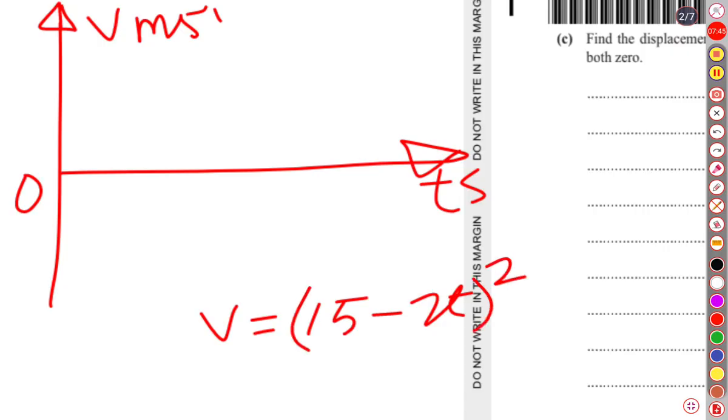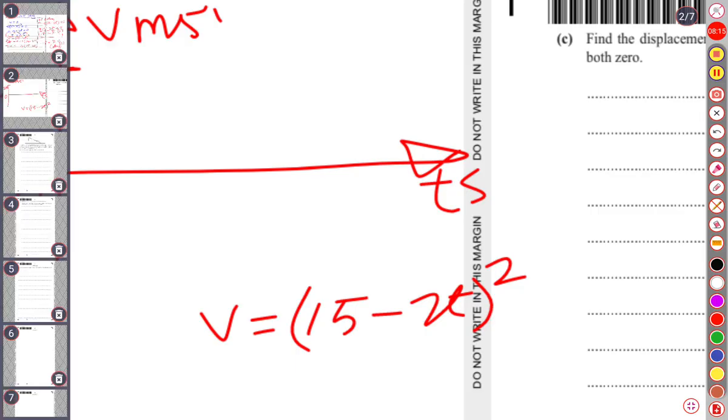Well, let's find the value of velocity when t is 0. V is going to be 15 squared, means 225. So at the beginning it is 225. As this is a quadratic graph, let's see when does it cross the horizontal axis.